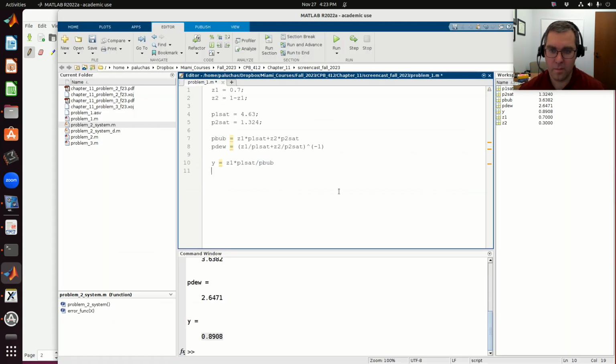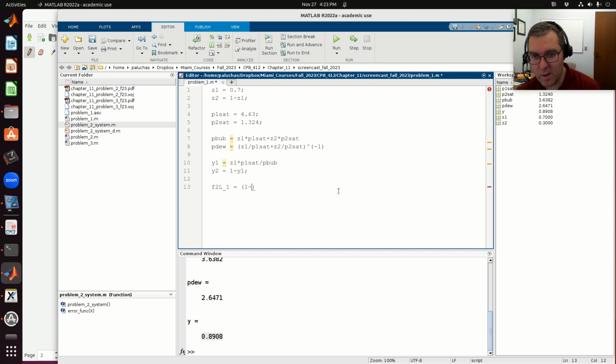So let's do F2L, method 1. We just calculated y1, so I know y2 is equal to 1 minus y1.